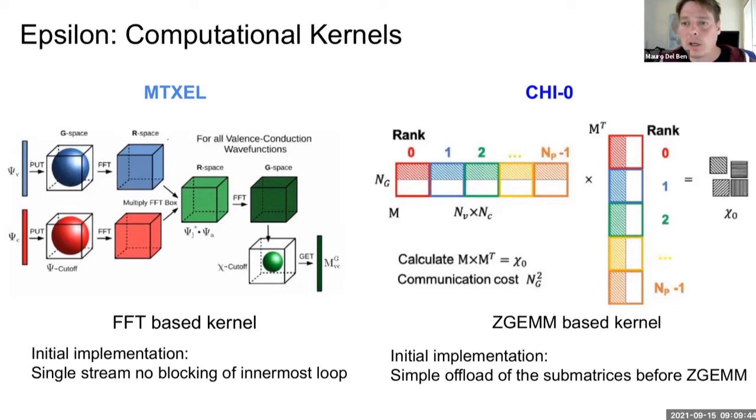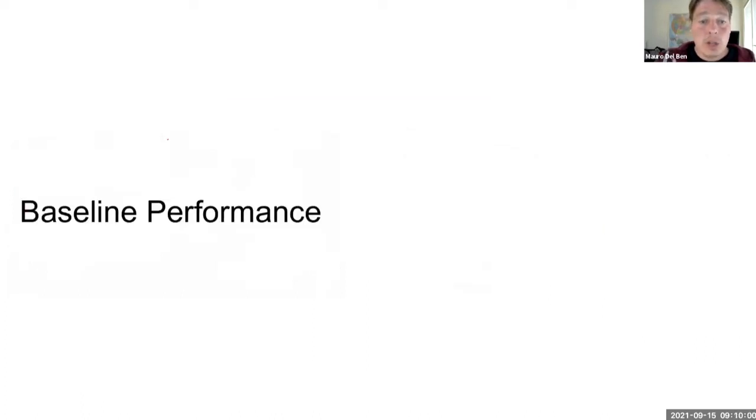So truly a large-scale application. Our initial port to OpenACC was very simple. We simply offload the data from the host to the device before performing the ZGEMM, using the CUDA library in particular. So let me show you the baseline performance.